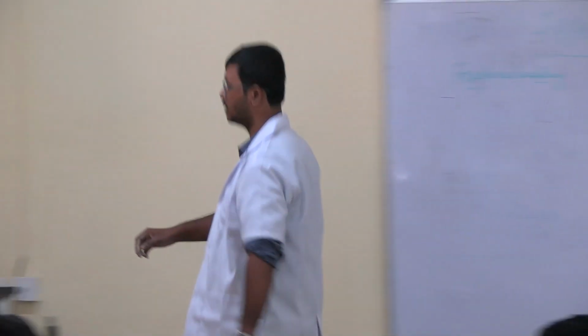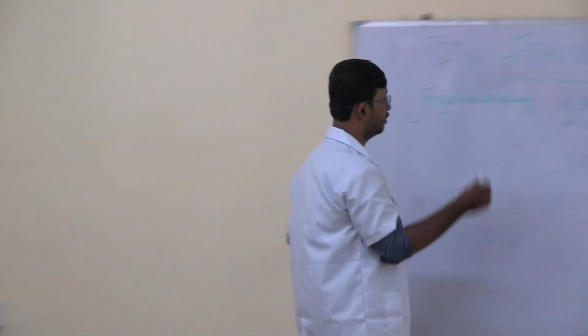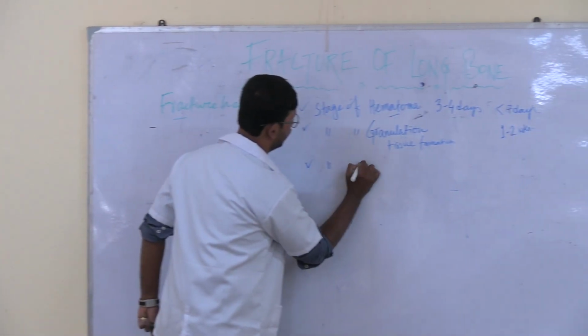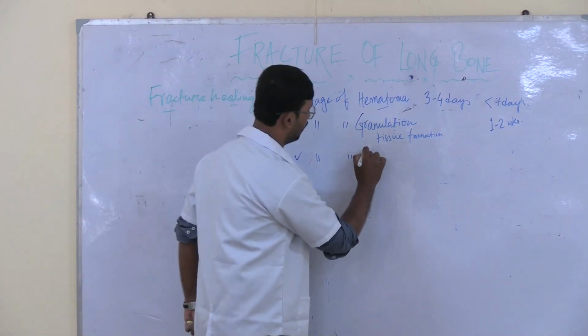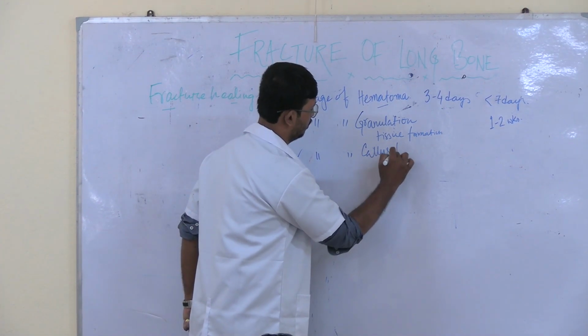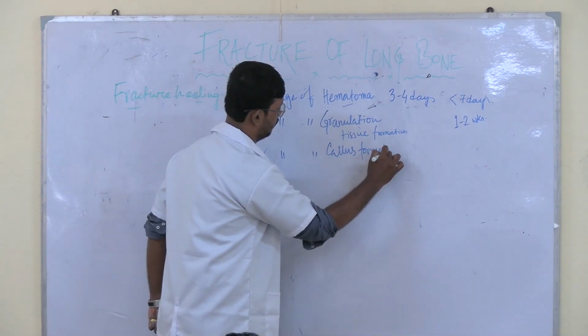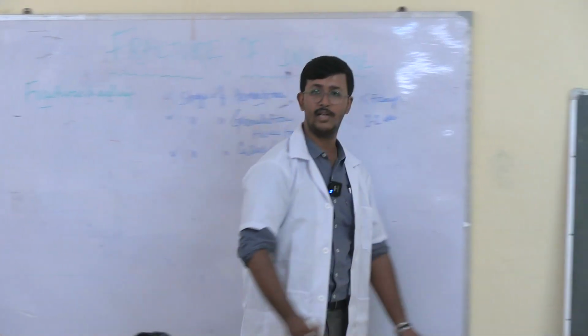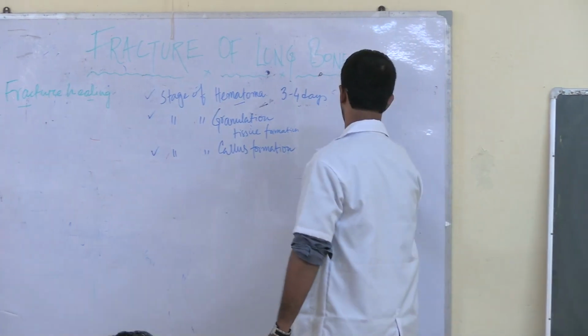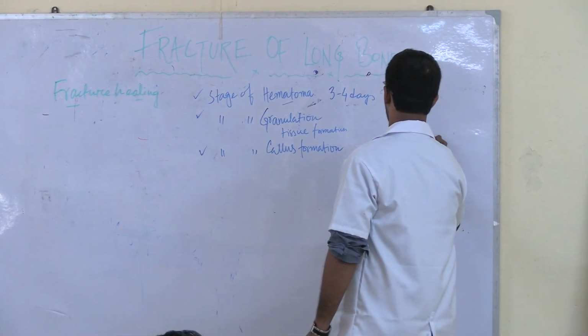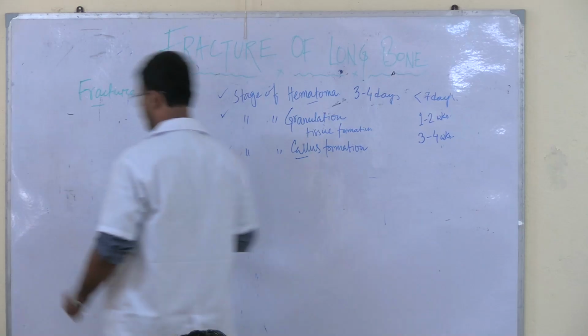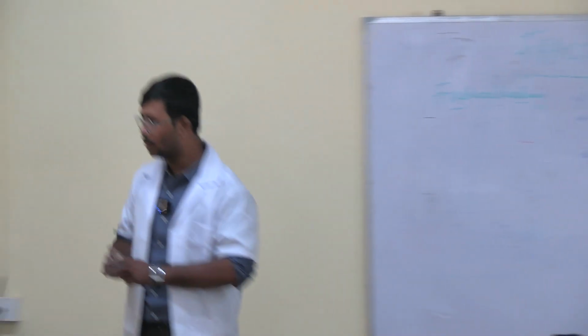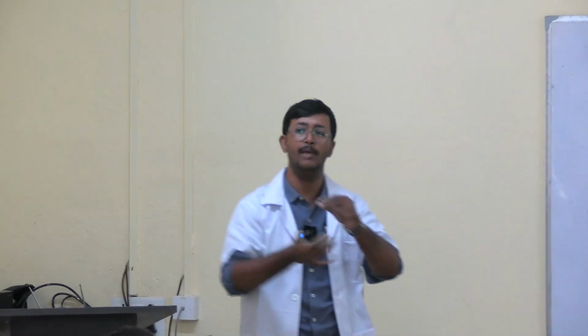Then comes the third stage, that is your stage of your callus formation. That will also roughly take 3 to 4 weeks. Now, callus formation, callus is a stage where new bone tries to completely develop.